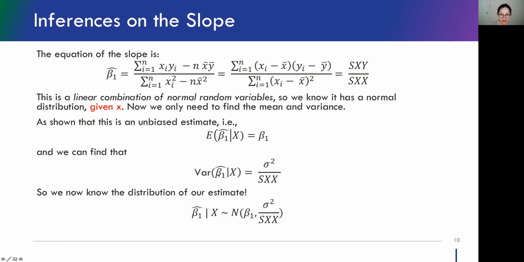And we find that the variance of beta 1 hat, the slope, given x, is sigma squared divided by Sxx. This Sxx is nothing but the mathematical format of the x prime x we had on previous slides. Okay, now we know the whole distribution of the estimate of the slope. So beta 1 hat given x follows a normal distribution with mean beta 1 and variance sigma squared divided by Sxx.